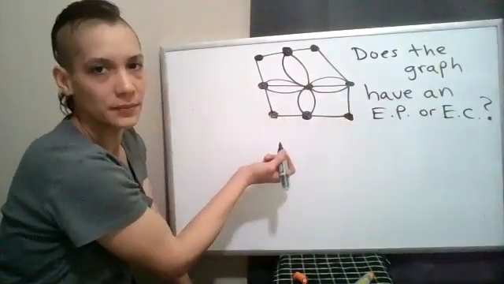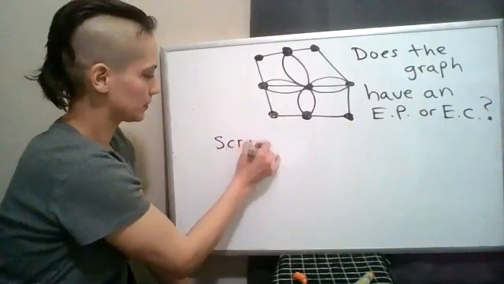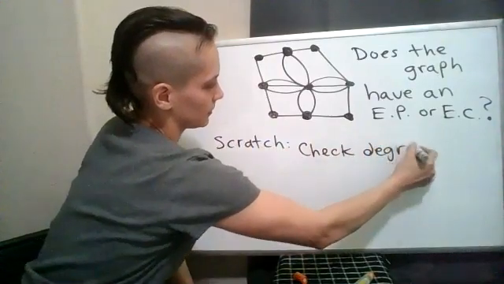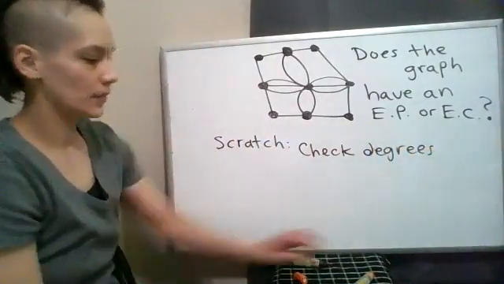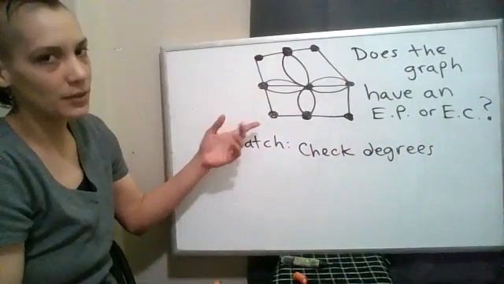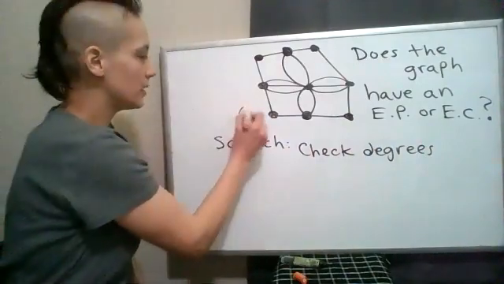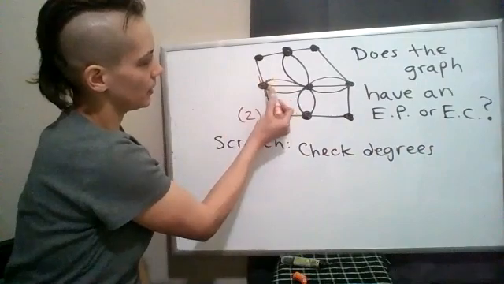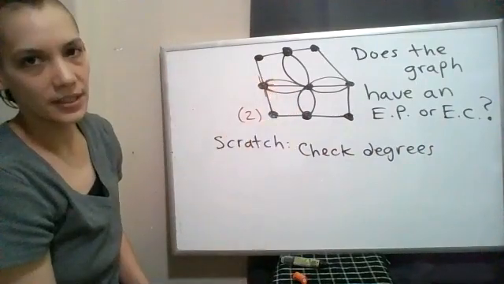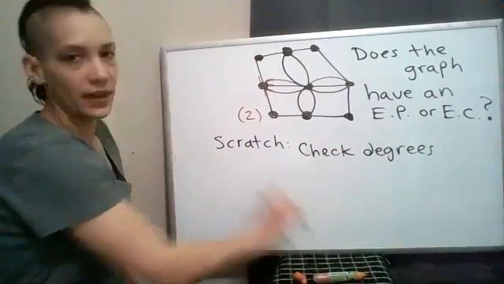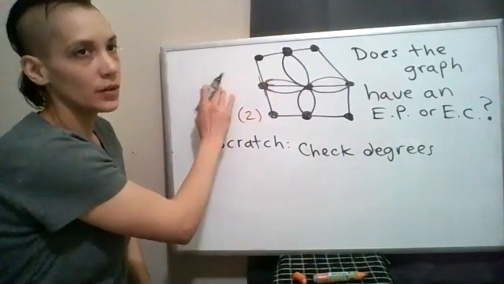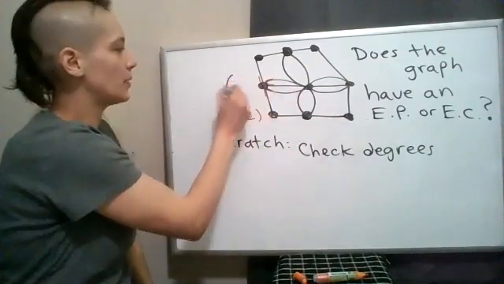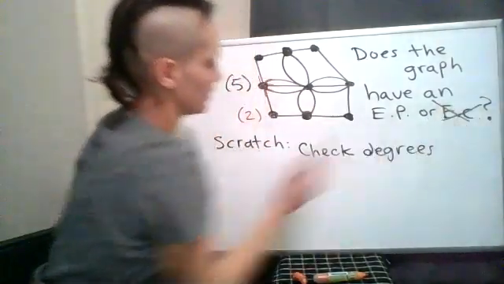Otherwise, it's going to be neither. Let's do degree 2. So we're off to a good start. So we already got an even. This looks like it's 1, 2, 3, 4, 5. So if I find more than 2 odds, I won't have an Euler path. But I know that with this one odd vertex, there's no Euler circuit.